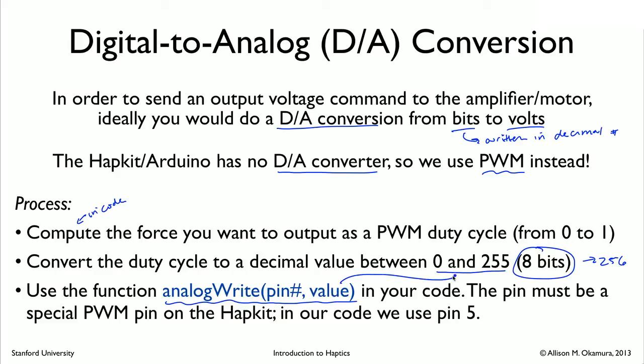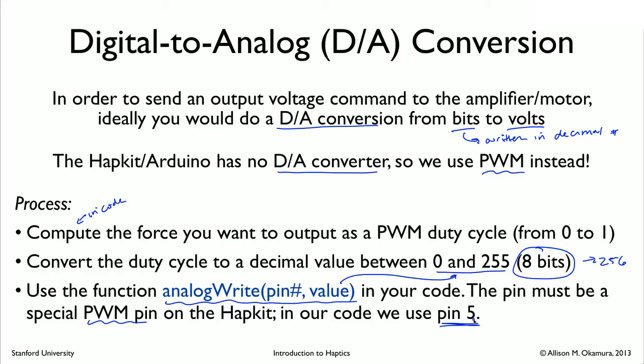And the value has to be in these numbers between 0 and 255. So the pin must be a special PWM pin on the hapkit, and just like the Arduino, and you can look this up for any Arduino board, there's a certain set of pins which can do these sorts of PWM outputs. And in our code, we use pin 5, which is one of the pins that can do it.